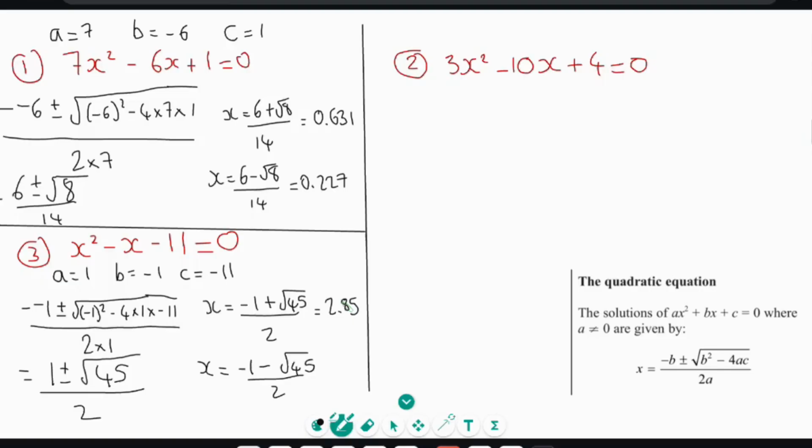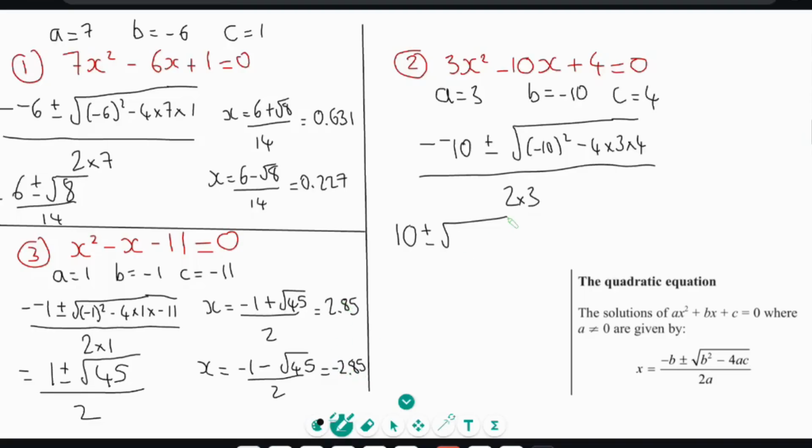Okay. Oh, I did question 3 instead of 2 next, but anyway, the order does not really matter. Here, a is 3, b is negative 10, c is 4. Hopefully you're at this stage now where you're answering these correctly. Easier than you think with these to make mistakes.